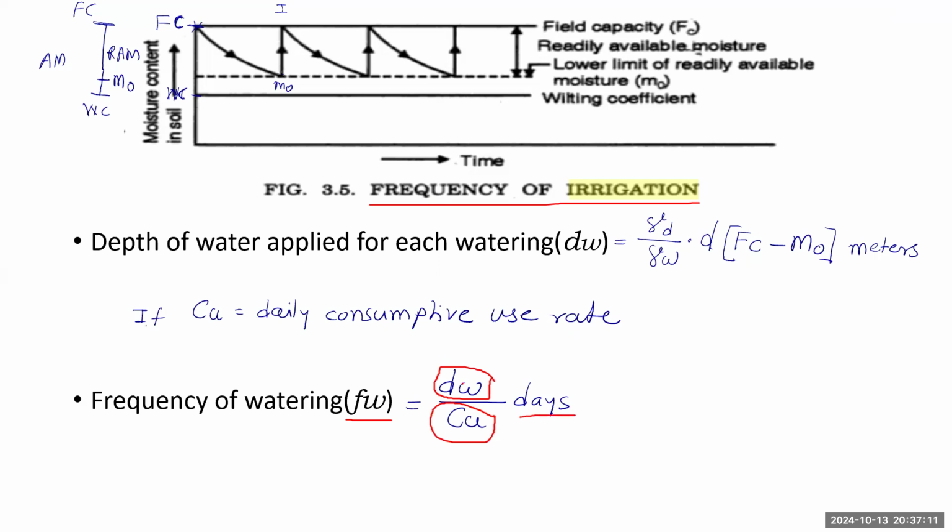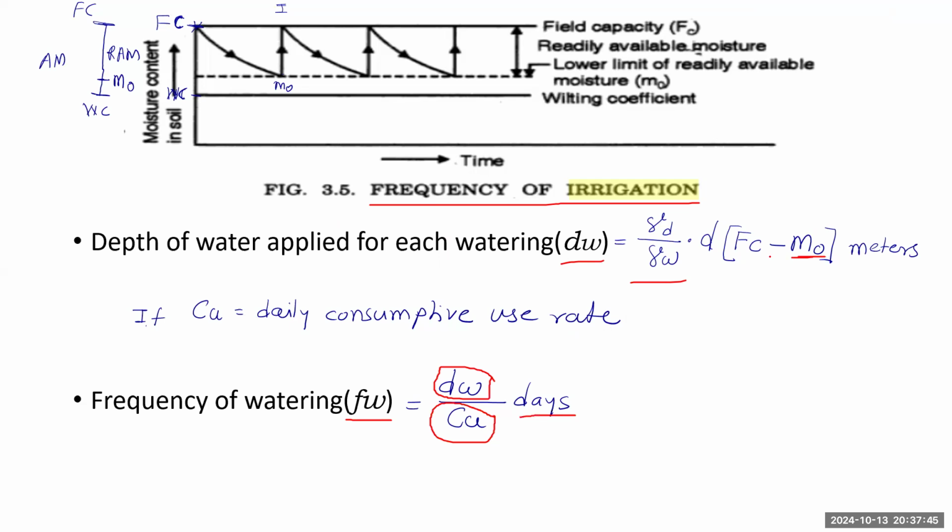Now the question is how to calculate the depth of water required for each watering. Meaning, suppose there is a crop which needs to be watered 10 times, then how much watering should be done each time. So the same formula is there, what we have discussed before this. dW is equal to gamma D upon gamma W into D into bracket FC minus, only change is M0. What is M0? M0 is the lower limit of the readily available moisture.